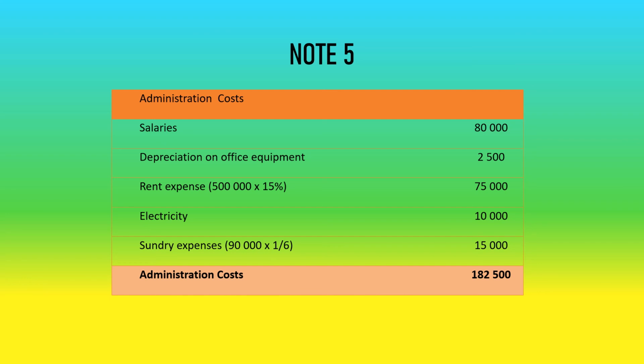And that gives us our total administration expense of 182,500. And now we record this in our income statement. We record the administration cost and the selling and distribution cost from the notes. We transfer it from the notes to our income statement.